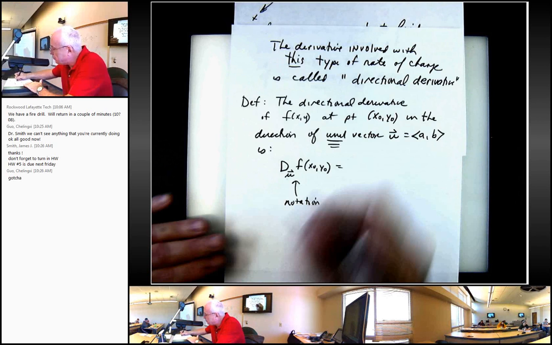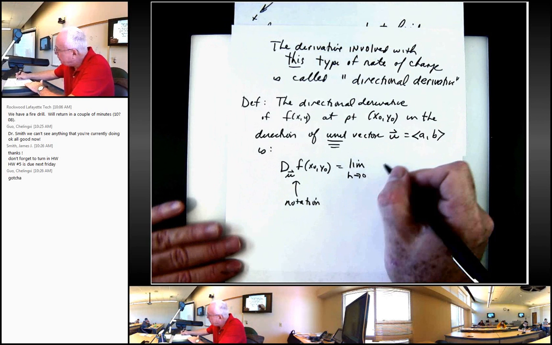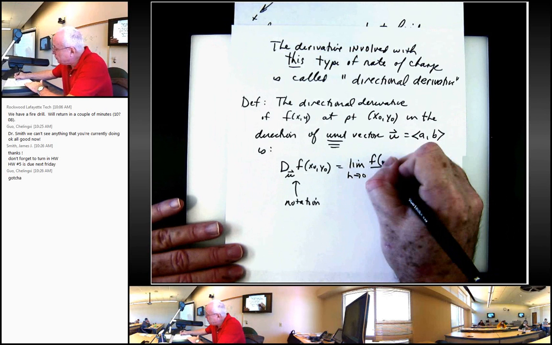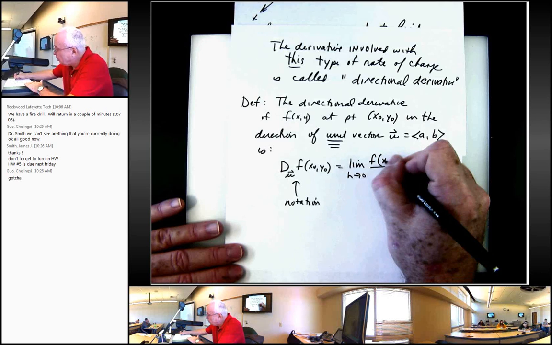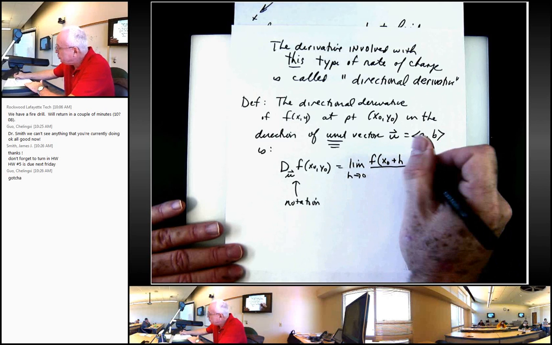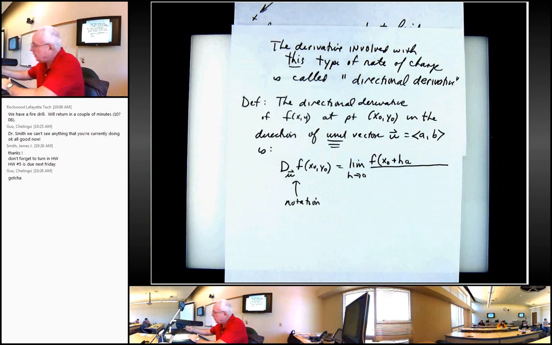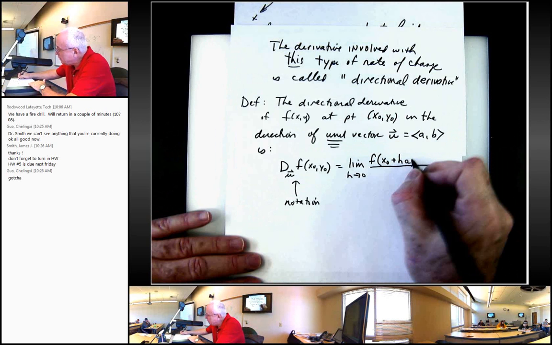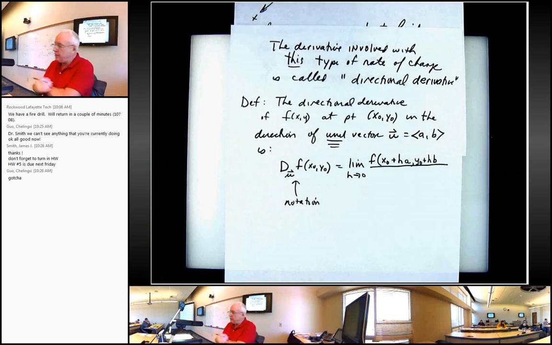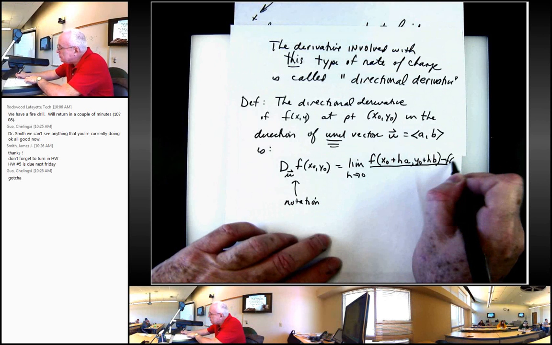And what it equals formally is this: the limit as little h approaches 0 of the following. We take our function and we start with the x naught value, we add h times the x component of our unit vector, and then we have y naught plus h times the y coordinate of the unit vector, and then we subtract the function at (x naught, y naught).